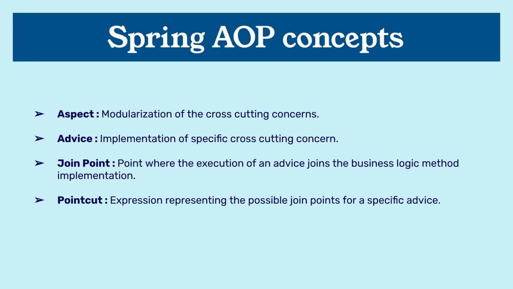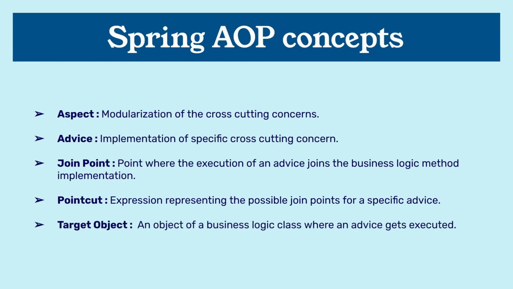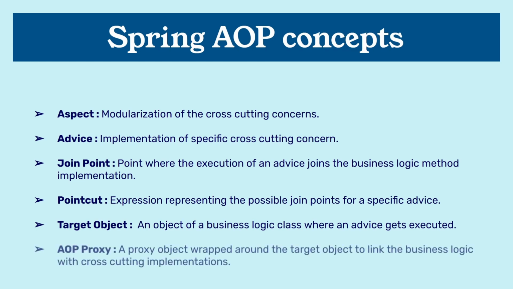And the point cut is a kind of expression that helps the advice to join several business logic implementations. And the target object is the object of the class where the business logic is implemented. And the proxy is an object that is wrapped around the target object.